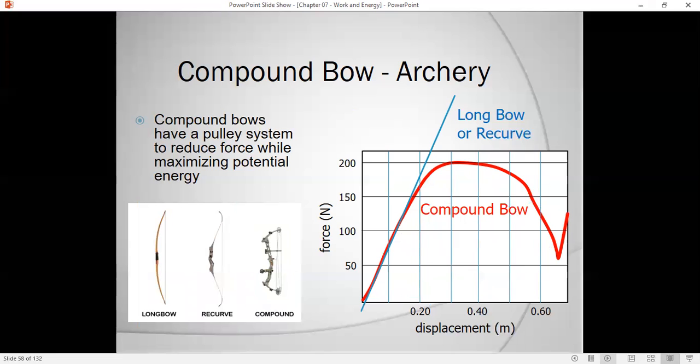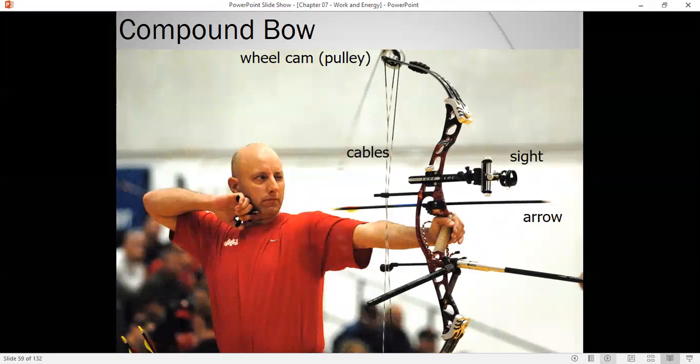So the reason why the compound bow is so much more effective for the same strength is that it can transfer much more energy to the arrow than the typical longbow or recurve bow.